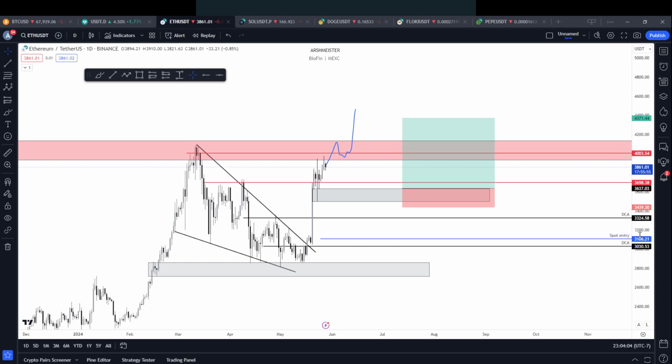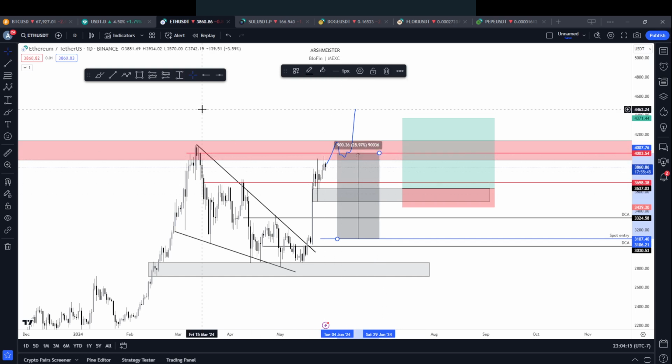I gave this to everyone in the Discord, so we are actually up nicely in profits. Our TP1 did hit. TP2 is around 4,000, so we're almost there, but I would love to recompound my entry, and once we do that, it should bring our entry to around here-ish. Again, still a great trade, and we will TP everything around 42, 4300.